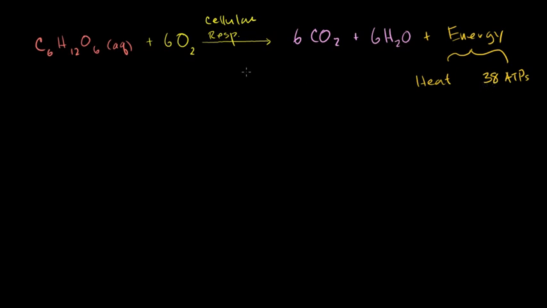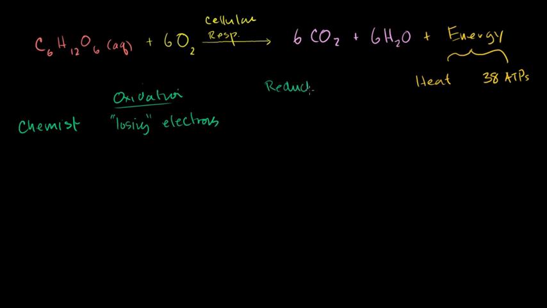In the last video, we learned a little bit about oxidation and reduction, so let's apply those ideas here. Now, we saw in the last video that a chemist would say that oxidation means losing electrons, or not being able to hog them, while a chemist will tell you that reduction is gaining electrons.